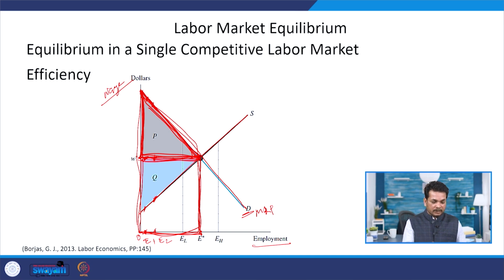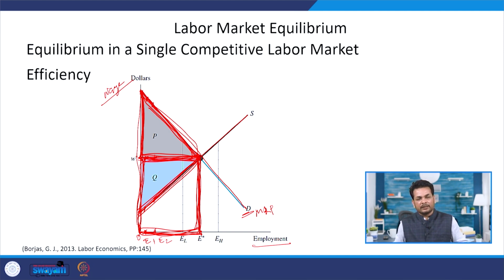So, this much is the willingness of these OE workers to work at this wage rate, but actually they are getting this wage rate. So, from the workers' perspective, this is the workers' surplus.